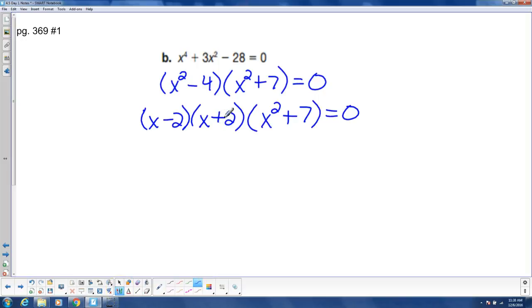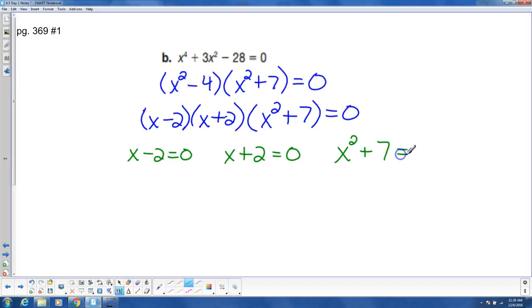Okay. Can I go any further? Nope. So then x minus 2 equals 0, x plus 2 equals 0, x squared plus 7 equals 0.